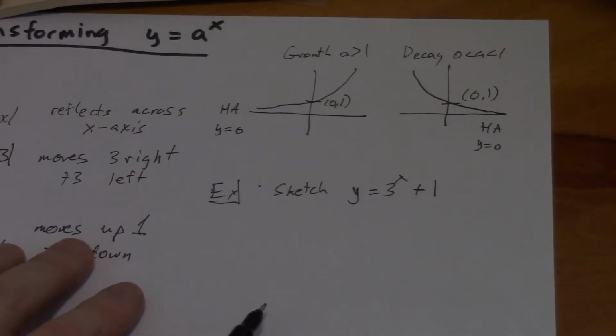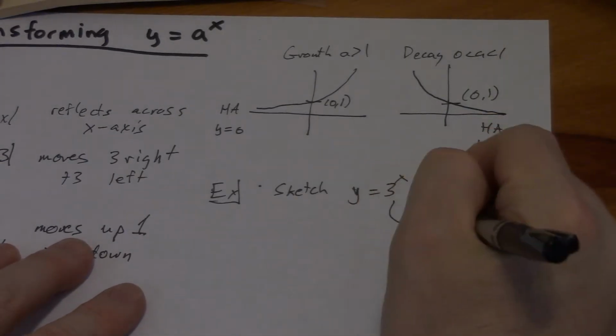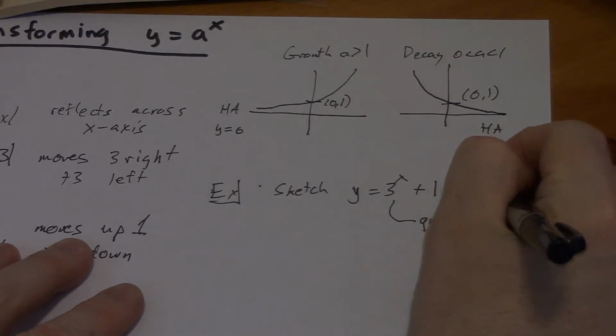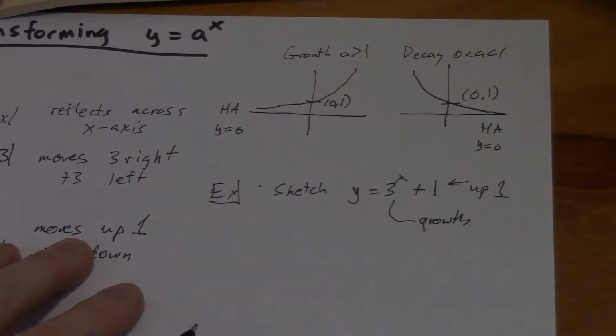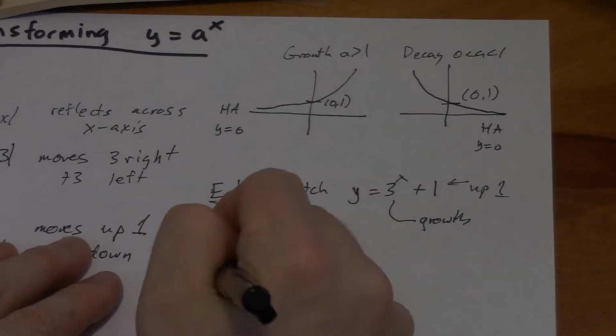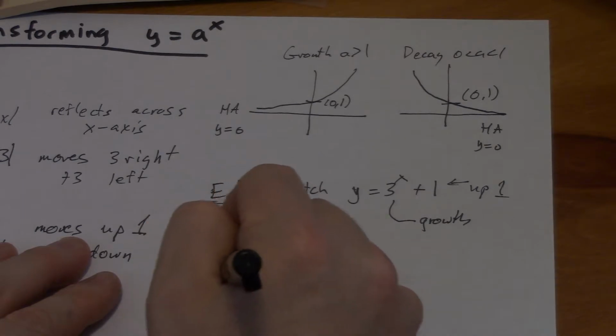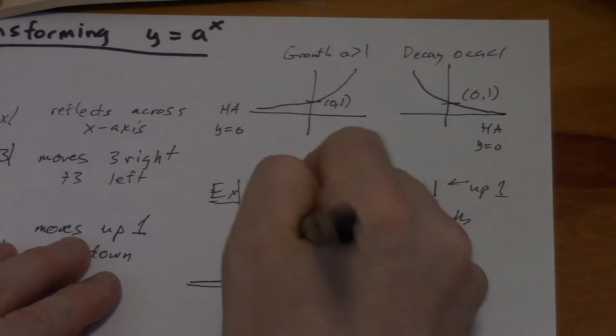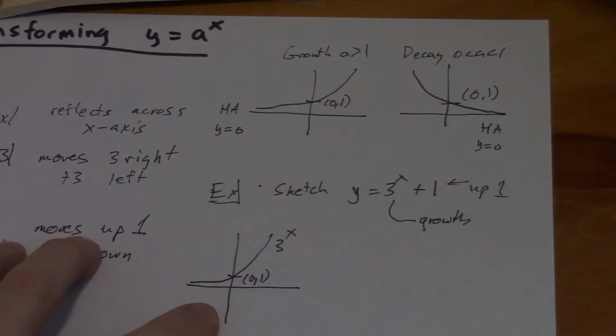Okay, so what do we need to notice from this? We notice that this is growth and that it's up 1. Okay, so growth and up 1. It's going to help to graph the parent function. So this would be 3 to the x, going through 0, 1, it's growth. So I need to take that and move it up 1.